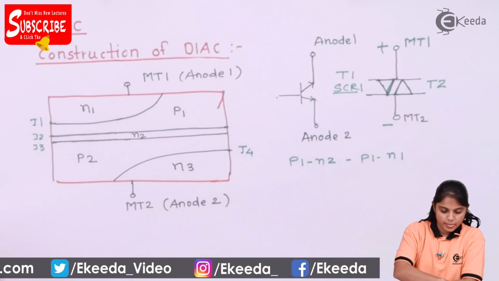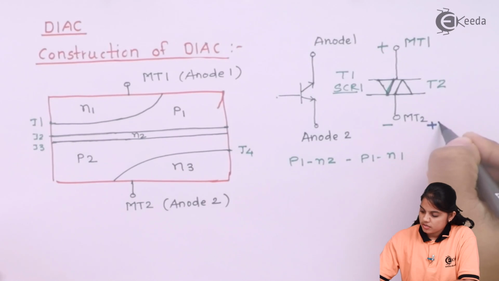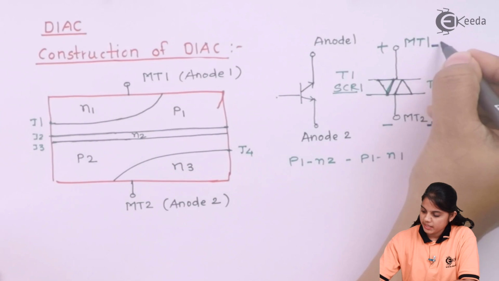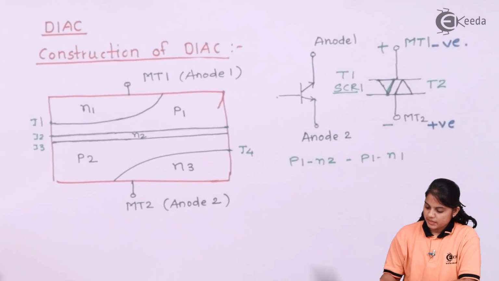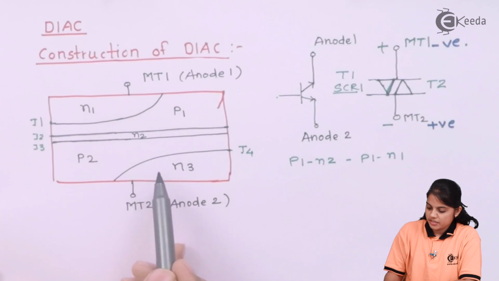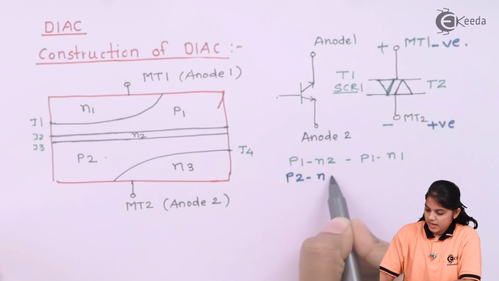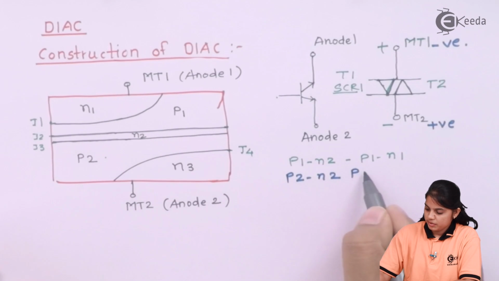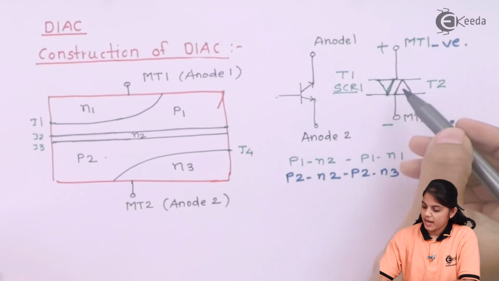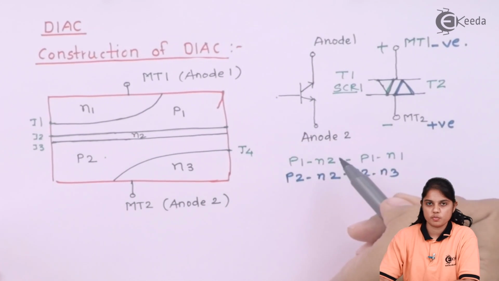Similarly, if I make MT2 positive with respect to MT1, then MT2 is positive and MT1 is negative, and the remaining structure, that is P2 N2 and P2 N3, will play a major role, and here this particular diode will conduct and this will be reverse biased.